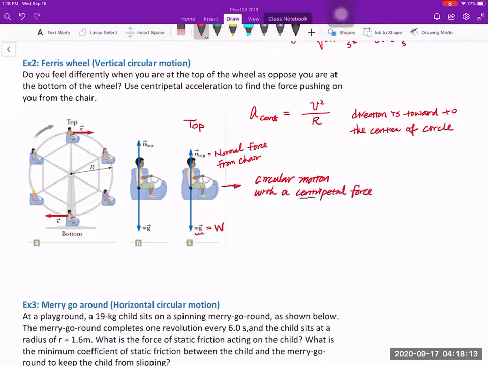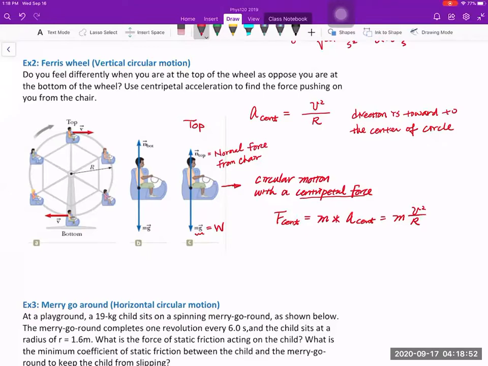And what is the centripetal force? This F sub cent is equal to the mass times your centripetal acceleration, and that is also equal to m times v squared over r. Because we know a is proportional to v squared and inversely proportional to r. So that is what happens in this case. And what is the direction of the force? The direction of force is toward the center.